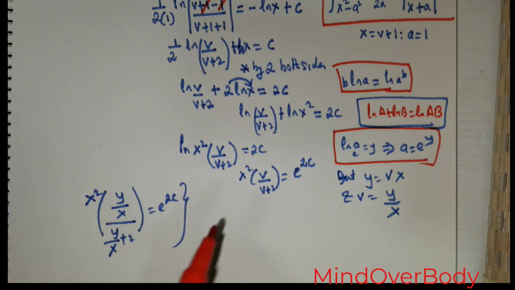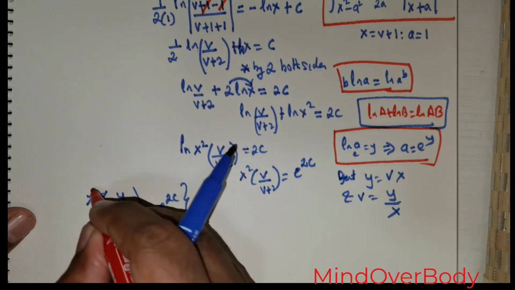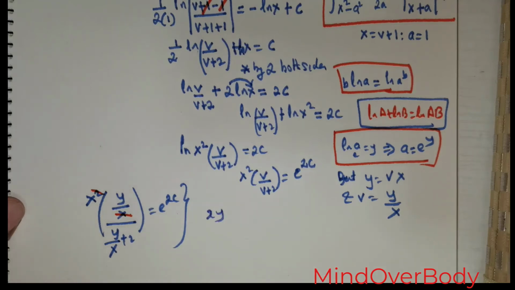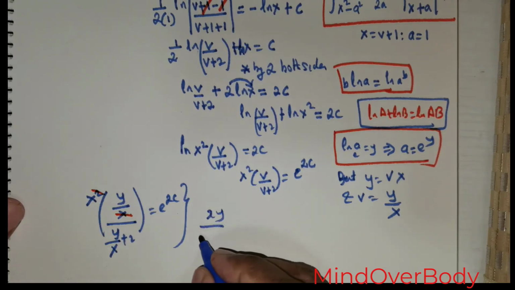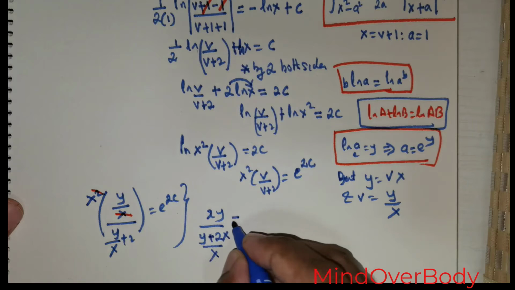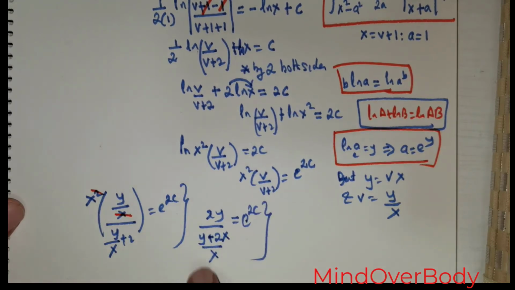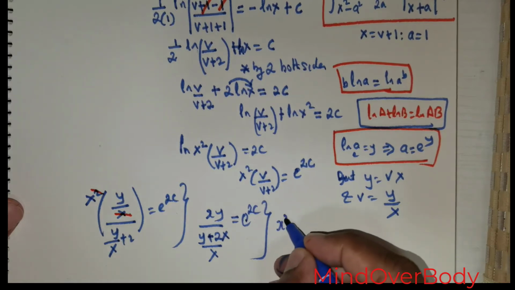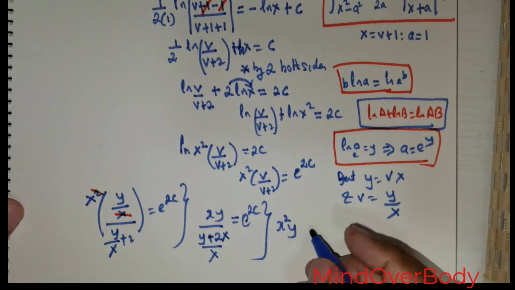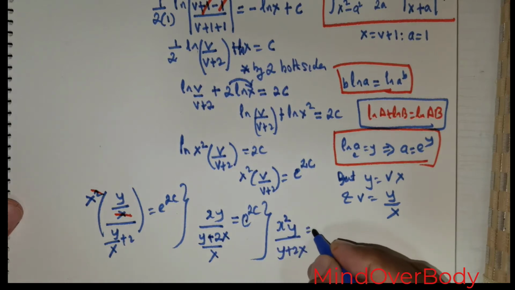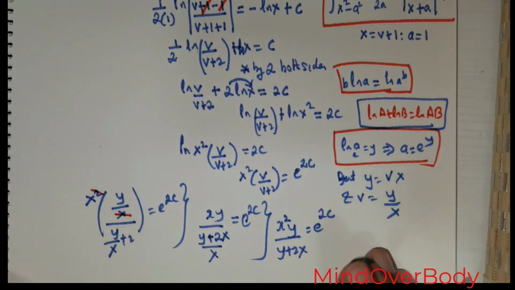Now x and x can be cancelled, so that is going to give me x times y. If I were to take the LCM, I get y positive 2 times x divided by x is equal to e raised to the power of 2 times c. Now I can flip it. If I flip it, I get x squared times y divided by y positive 2x is equal to e raised to the power of 2 times c.